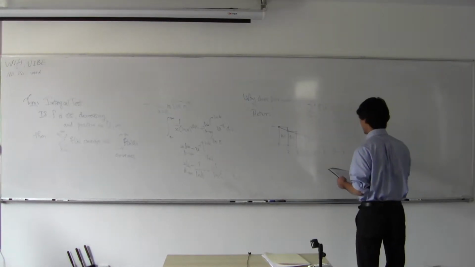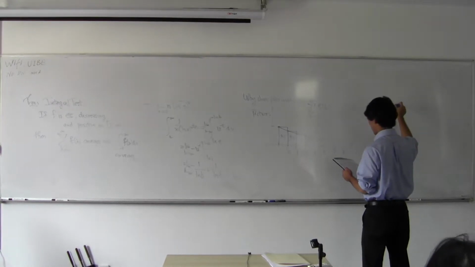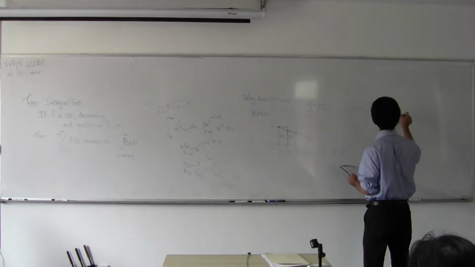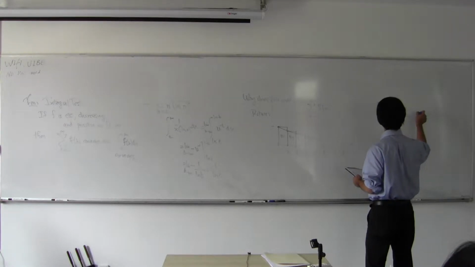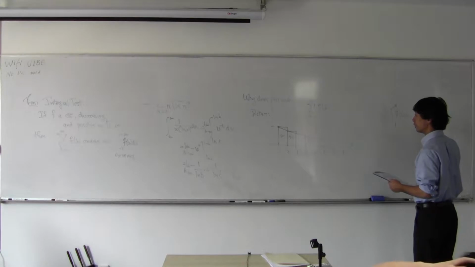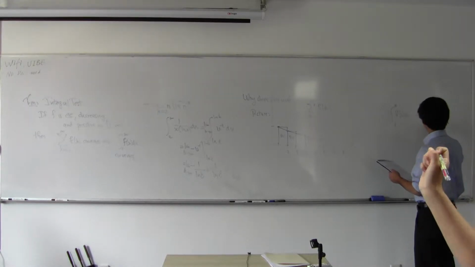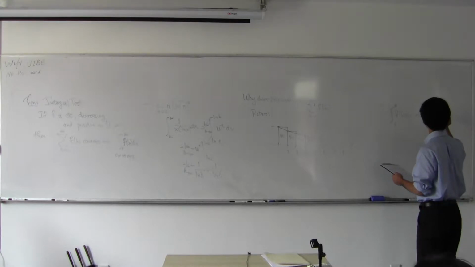So what you see is that the integral from 1 to n of f of x dx is smaller than the sum of f of k from k equals 1 to n minus 1.